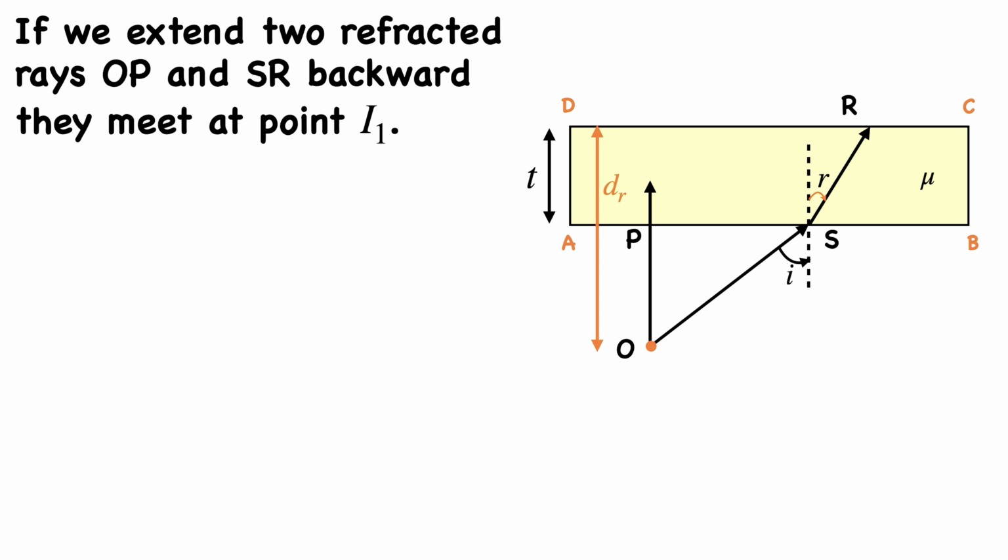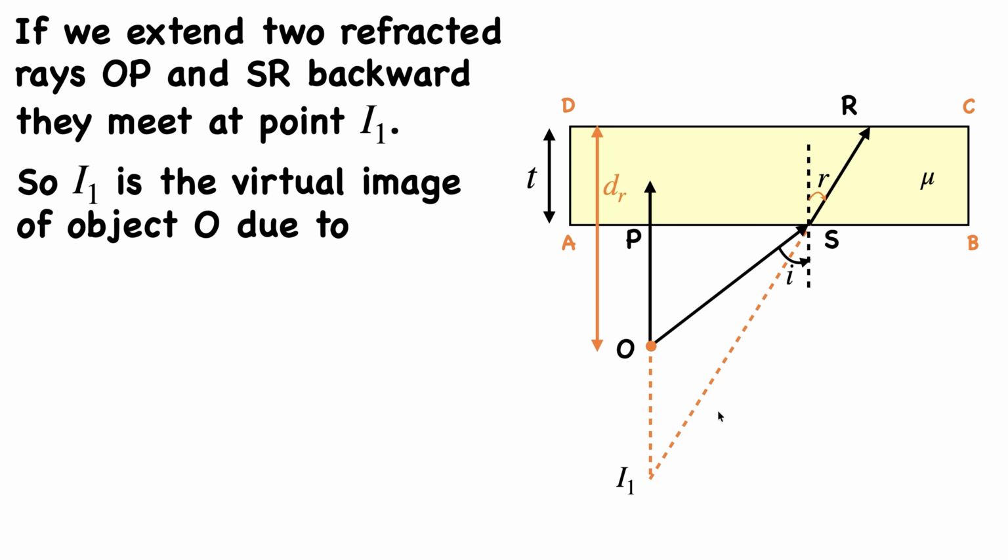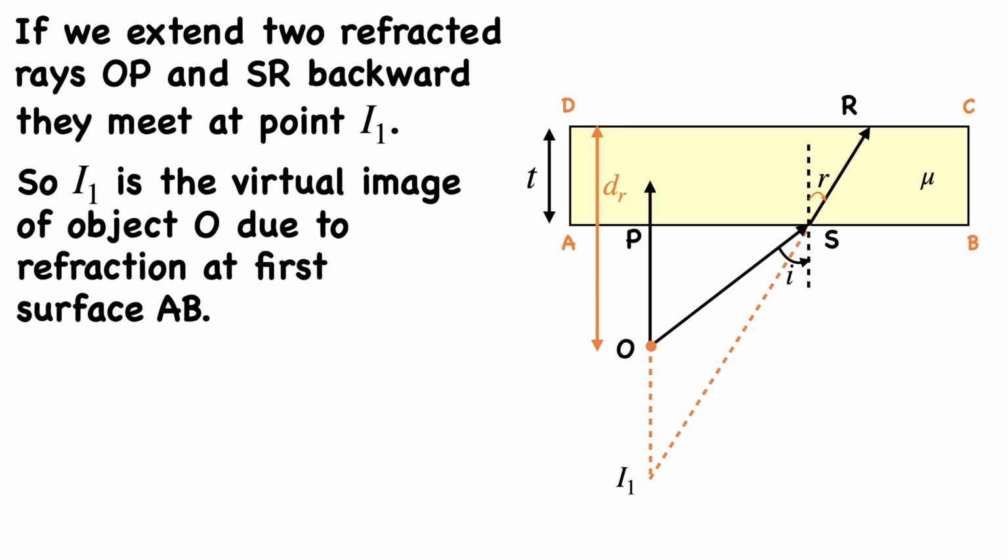If we extend the two refracted rays, OP and SR, backward, they meet at point I1. So, I1 is the virtual image of object O due to refraction at the first surface AB of the glass slab.